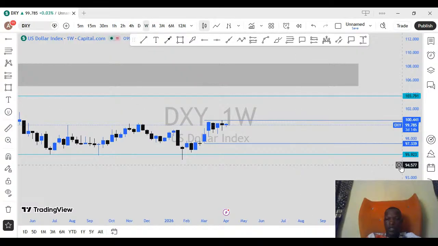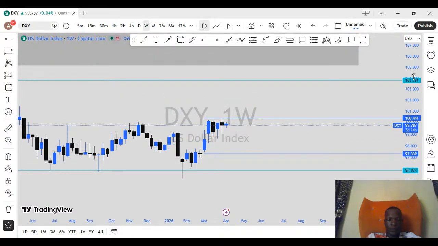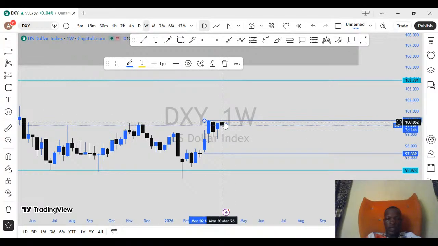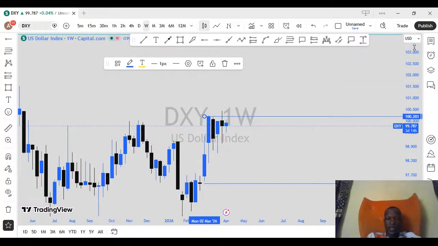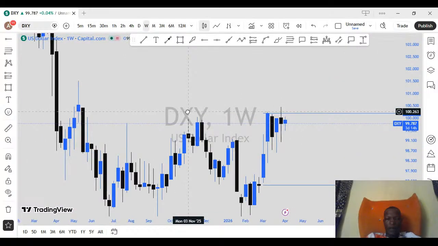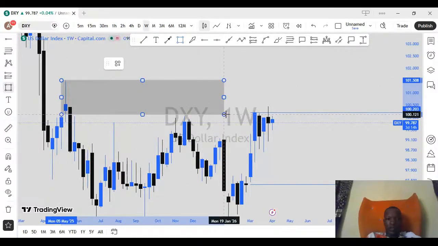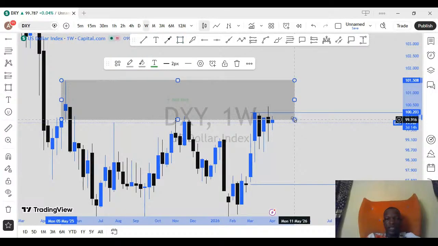On this weekly time frame, you can see that we have all these things as our CLT level. Our market swept this high, and we expect market to go down, and even market is reacting off this supply zone, but it's counter trend. You don't want to trade any counter trend.